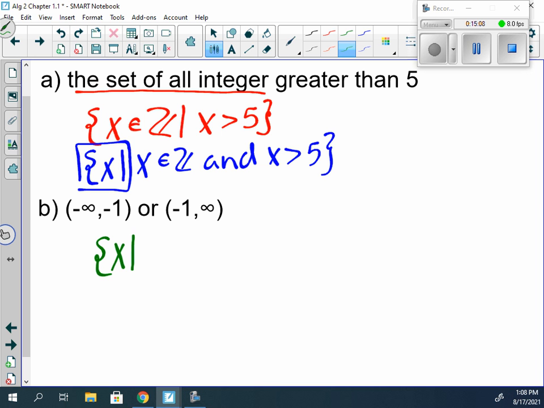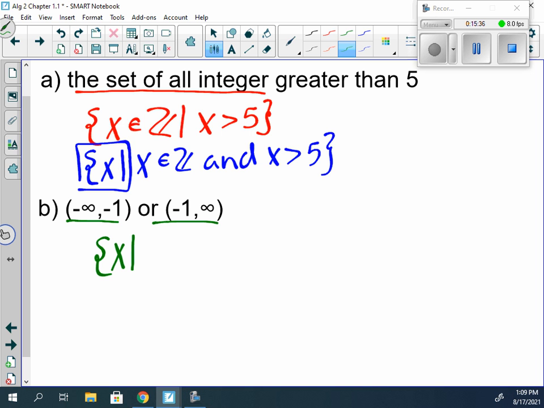Now in here, we normally want to try to stay away from interval notation and set builder notation. Can we have it in there? Maybe, but not normally. We want to stay away from it. So we have the set of all real numbers x such that, well, this here we're talking about x is what, less than -1, yes?